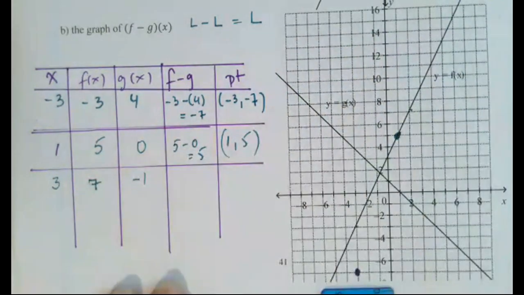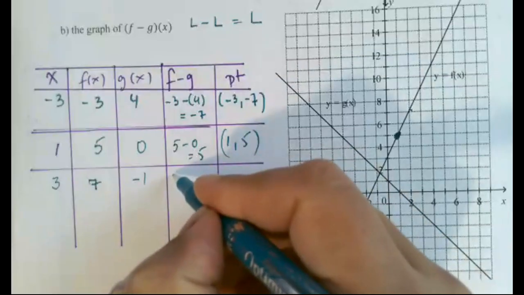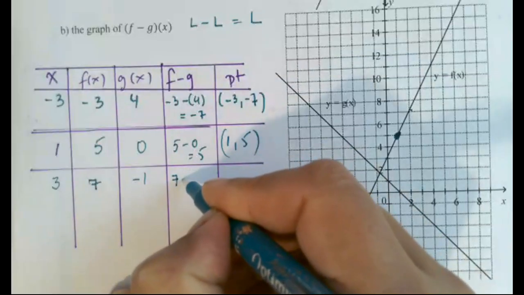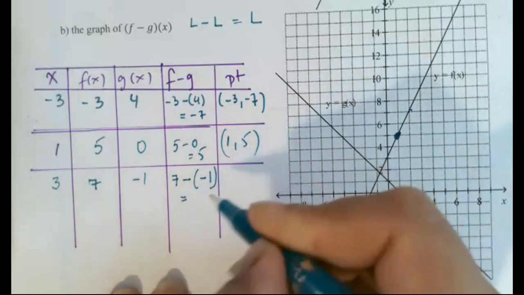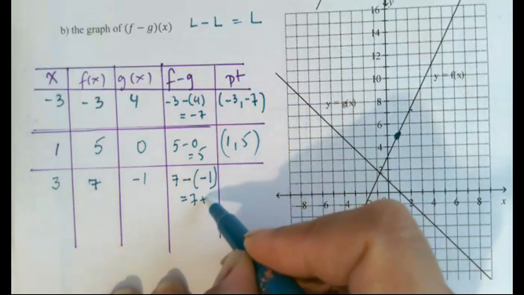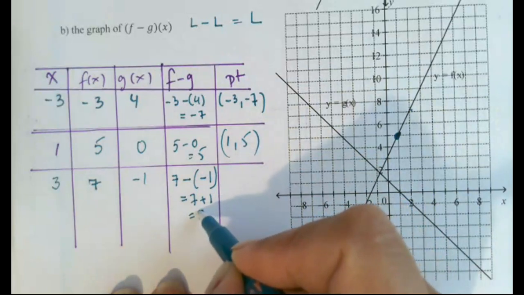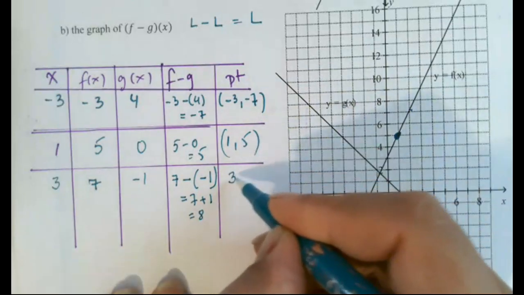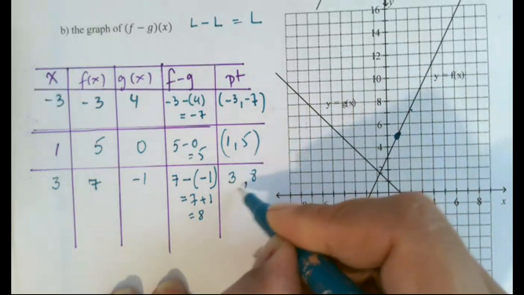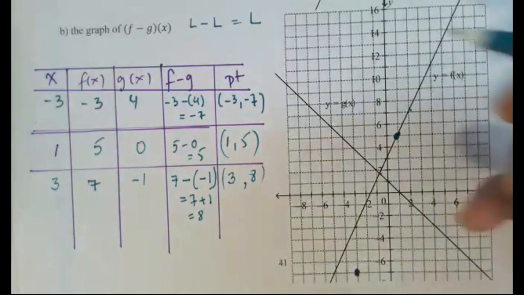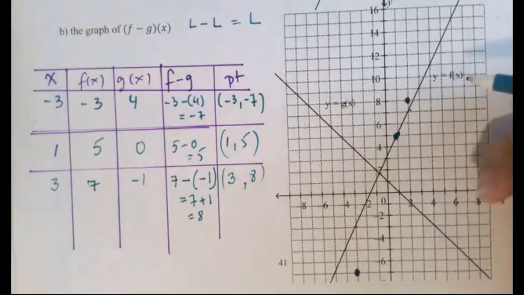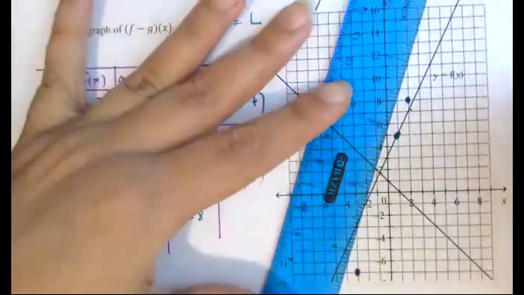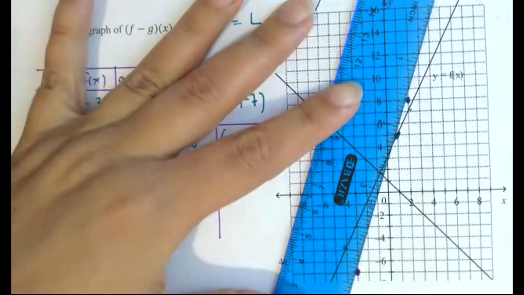Now here we're going to have to pay attention, right? Because we're doing subtraction of a negative. 7 subtract -1 is 7 add 1. So 8. (3, 8). Let's see, are they aligning? They sure are.